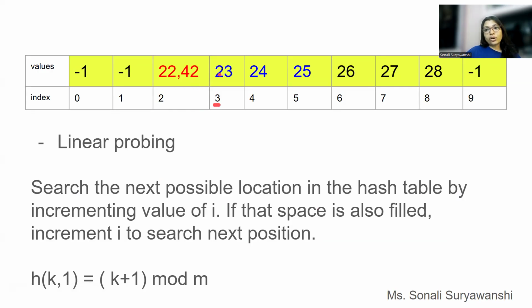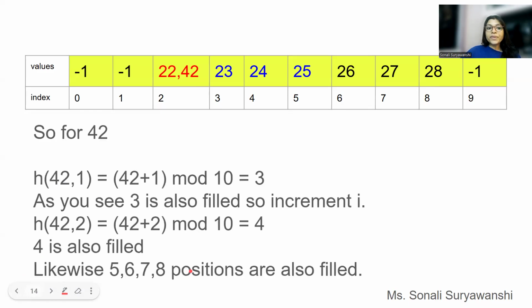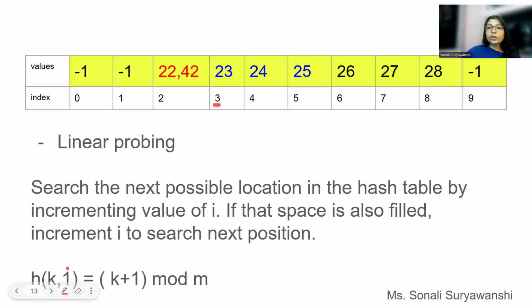Here also the space is not empty, so we will go to the fourth position, fifth, sixth, seventh, eighth, till we find a position where we can actually store that value. For that, in the formula we increment the value of I. So the formula h of k comma 1 is equal to k plus 1 mod m.